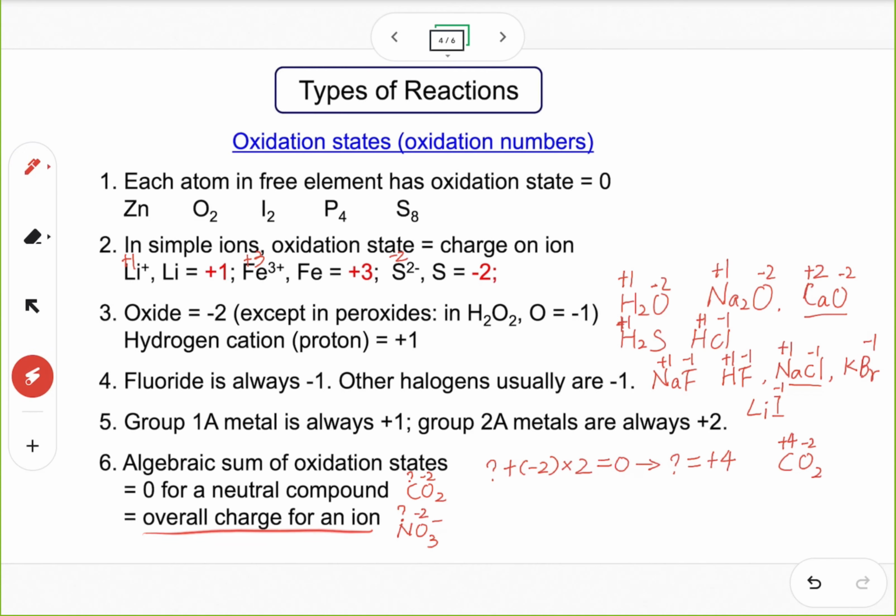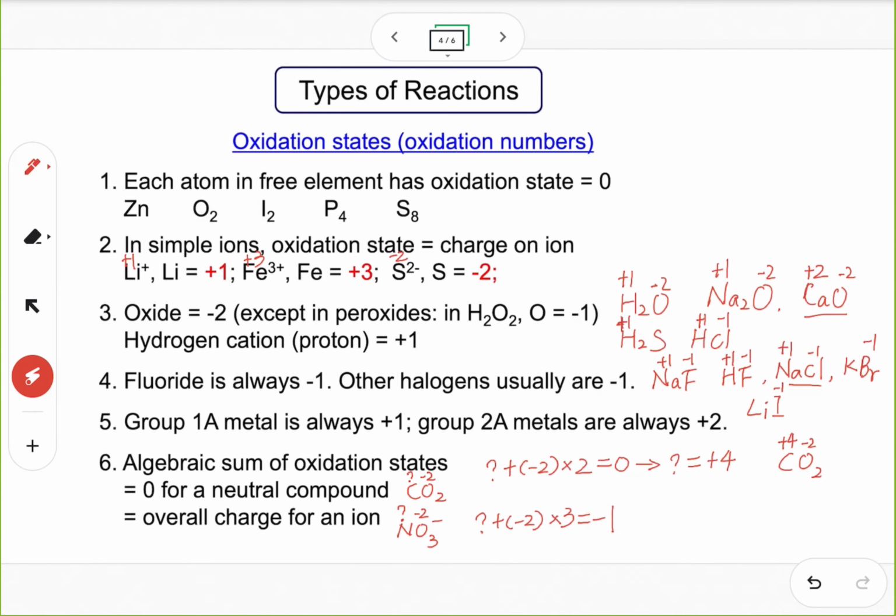According to the second part of rule number 6, the question mark plus -2 times 3 equals -1, the overall charge of the ion. -2 is the oxidation state of oxide, 3 because you have 3 oxides, and -1 is the charge.